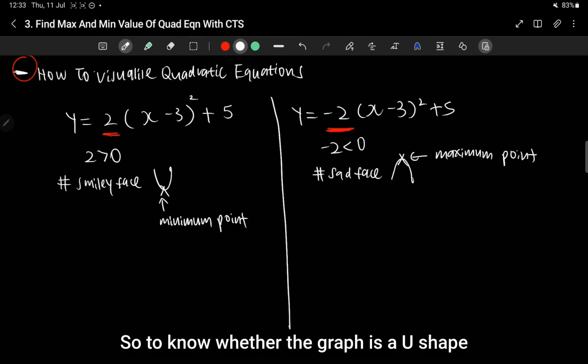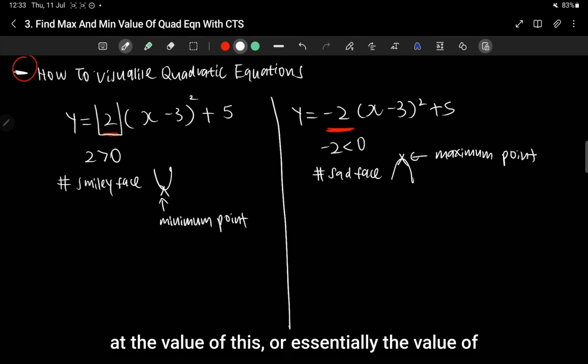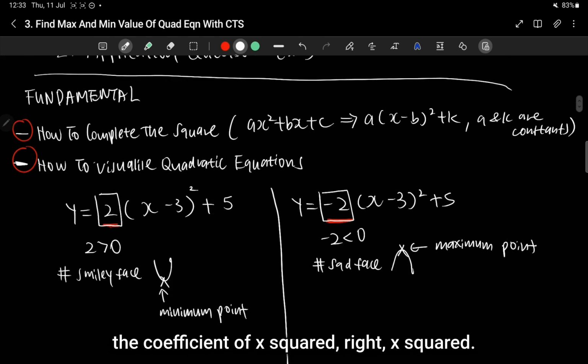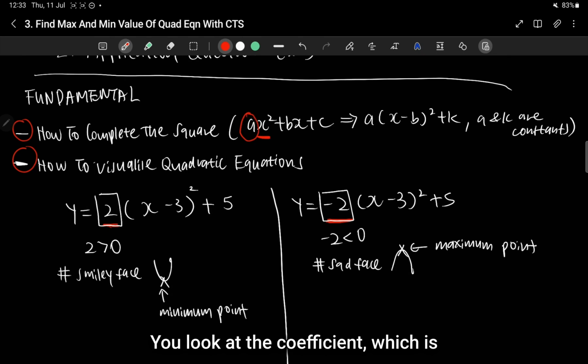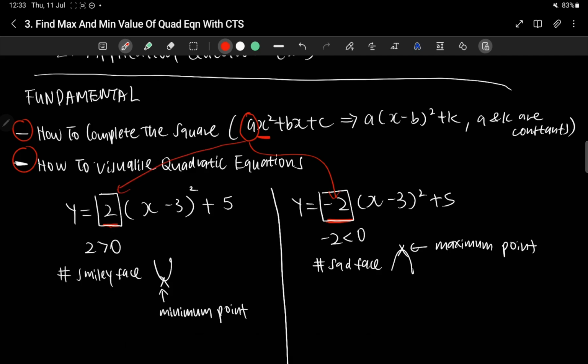So to know whether the graph is a U-shape or an inverted U-shape, you will always look at the value of the coefficient of x squared, which is essentially just 2 or negative 2 in these cases.